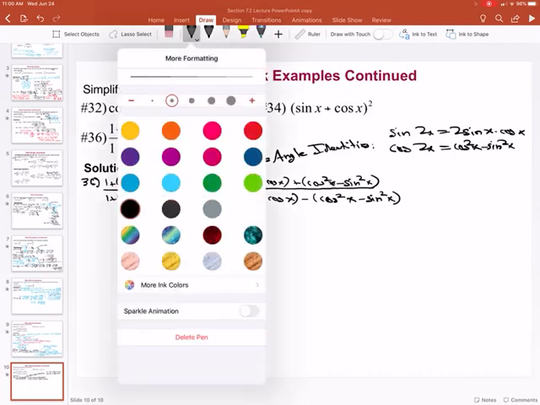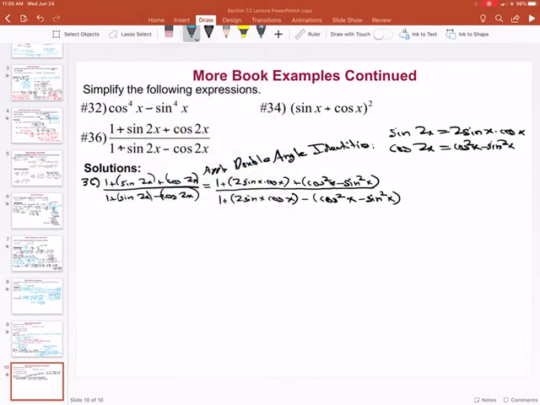So don't forget that. We will have to distribute this minus sign through to both terms with the double angle identity.